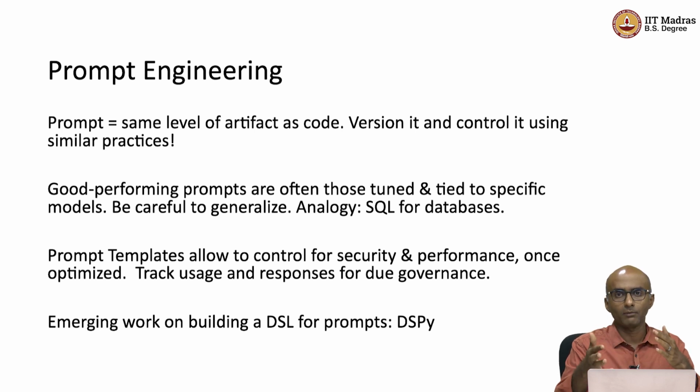So you can't take that prompt and apply it to a completely different fine-tuned model and expect the same level of performance. Note, the key difference here is the performance will very likely vary, but the fact that it comes back with an answer which is in the meaningful range is not the problem, right?